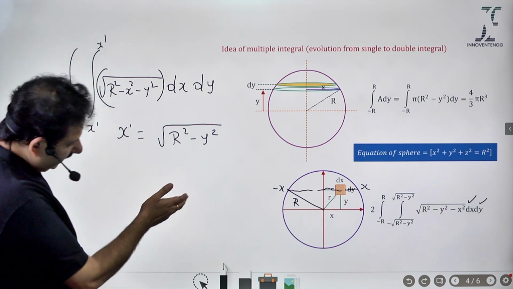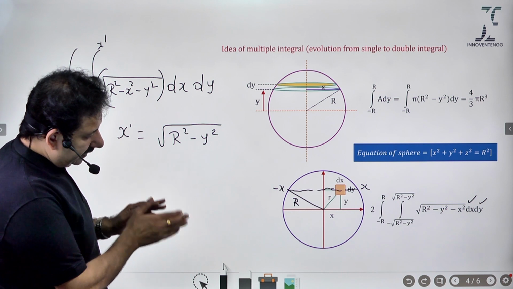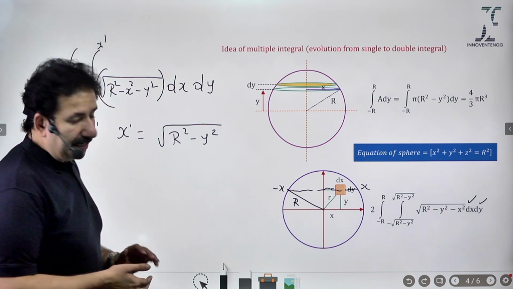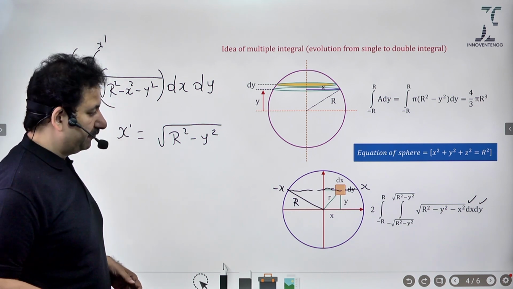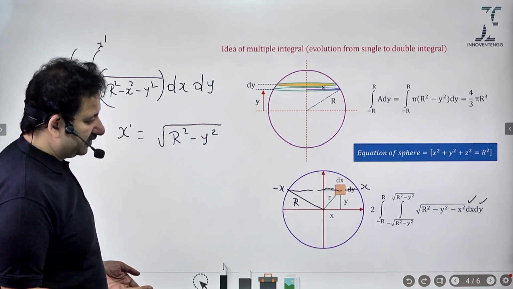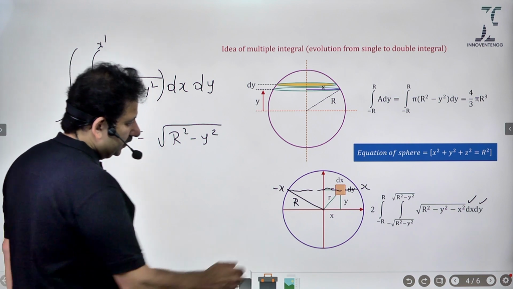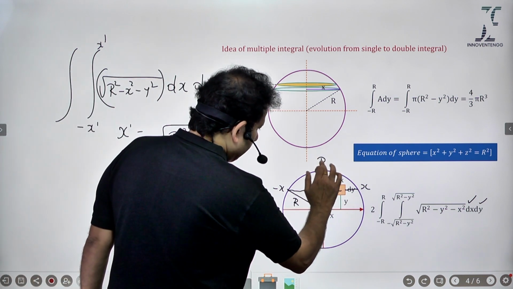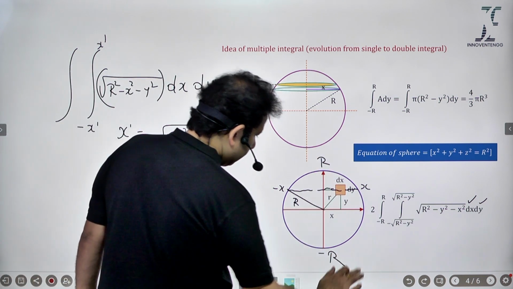And once that plate is formed, I want the entire volume of the hemisphere, and what would I do? I would integrate with respect to y. And if I carry out the integration with respect to y, what would be my limits?